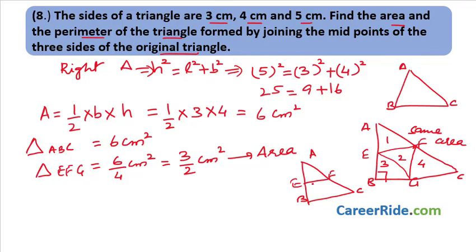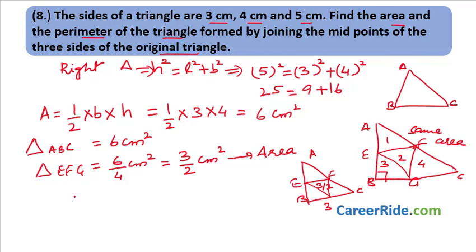Okay. And it will be half in dimension. Okay. So if this is 3, this will be 3 by 2. Okay. And this happens with all the sides. Right. So now this is how the new triangle is formed.